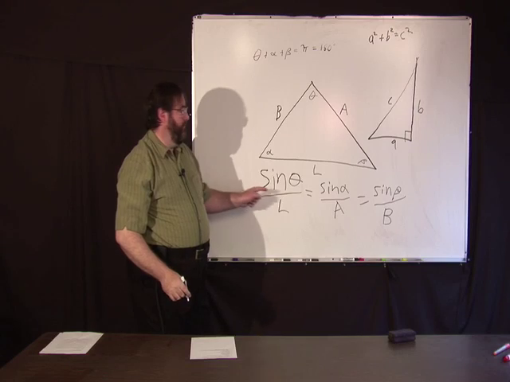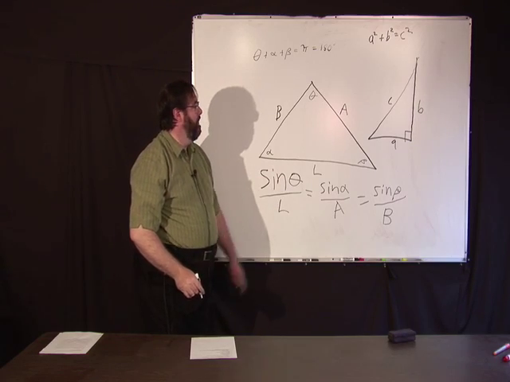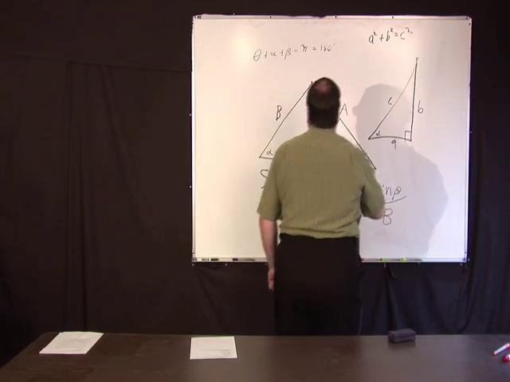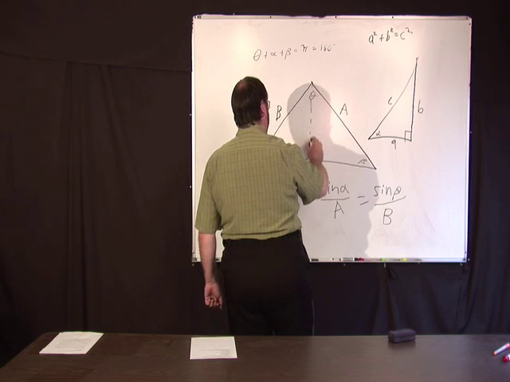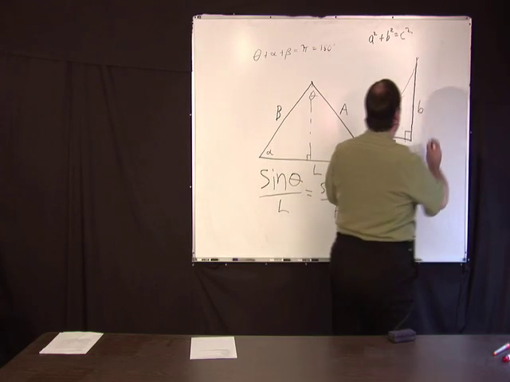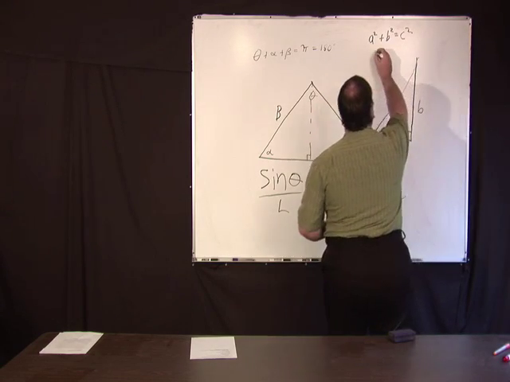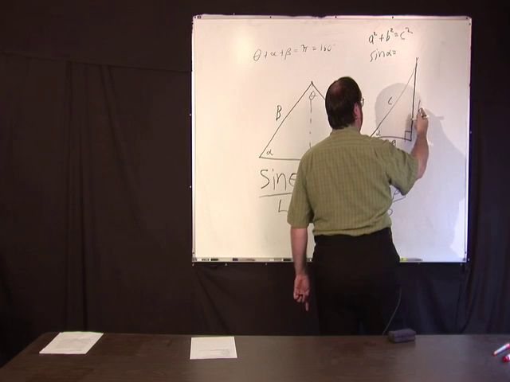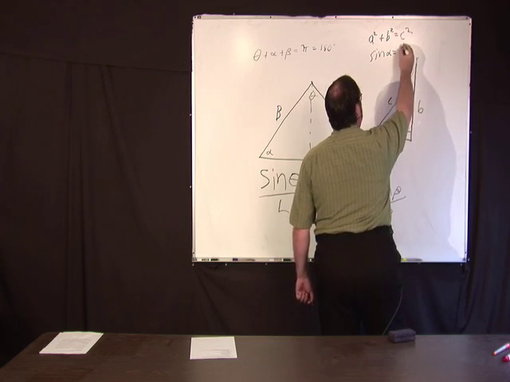What are these sines in this equation? Well, in a right triangle, if you have an angle here, let's say alpha, sine alpha is equal to b over c.